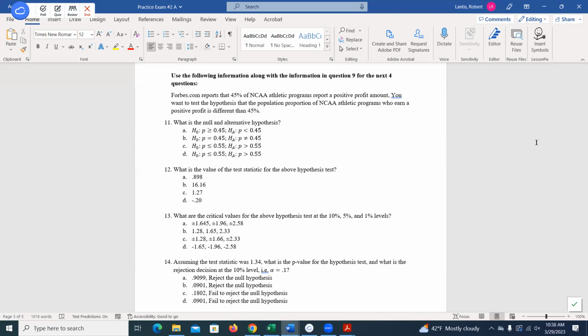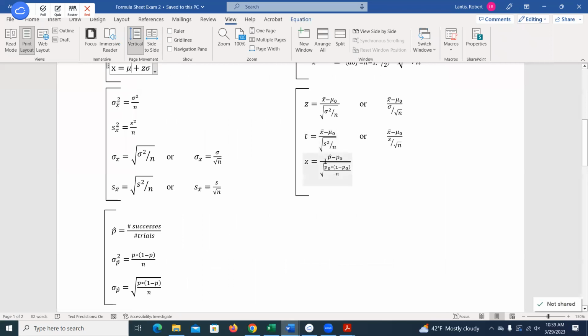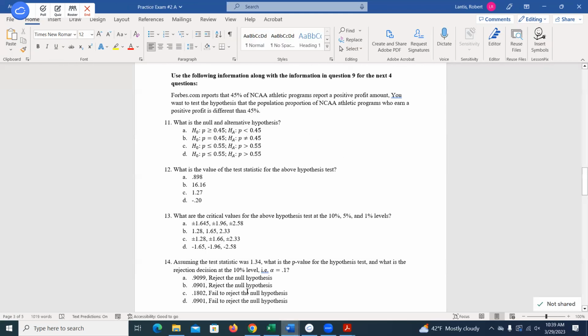The first step I'm going to ask you is to find that test statistic. I've got my test statistic equation on the formula sheet, so I'm going to look that up. I know I'm dealing with a standard normal distribution, so I go here, where I've got proportions. I'm going to be dealing with this one right here. So I take my sample proportion. Well, I didn't write that down, so let me go back.